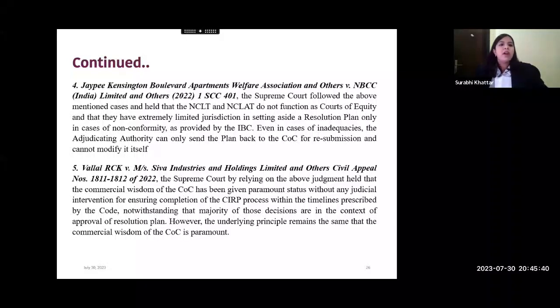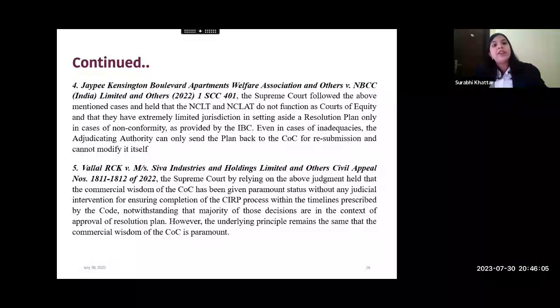And on similar grounds, NCLAT also stayed the plan approval order of NCLT. Looking at the observations of NCLT and NCLAT, COC had filed an affidavit before the National Company Law Appellate Tribunal stating that the plan be remanded back to COC for COC to reconsider.